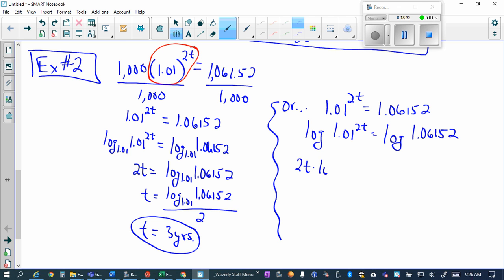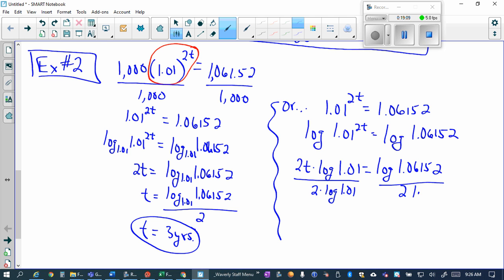2t times the log base 10 of 1.01 equals log base 10 of 1.06152. And now what do I do to both sides? I might as well divide by 2 as well, shouldn't I? Instead of doing 2 steps, let's save ourselves a little time. So let's divide this side by 2 times log base 10 of 1.01.